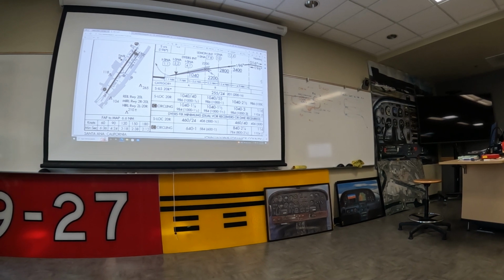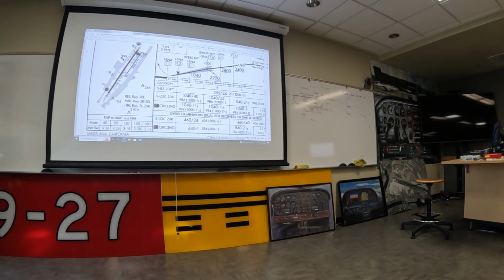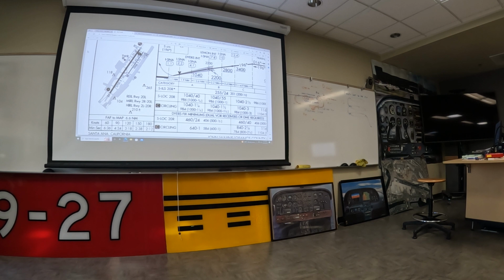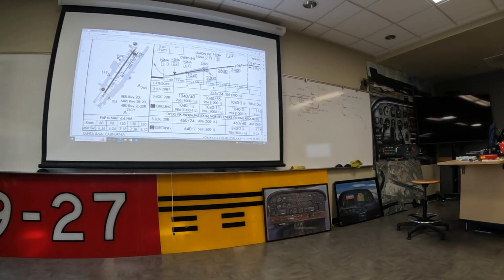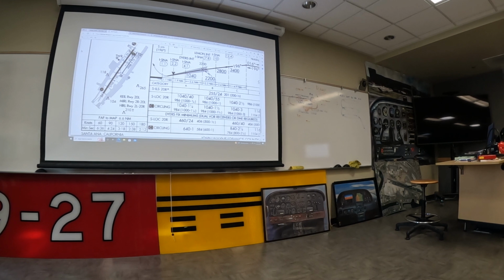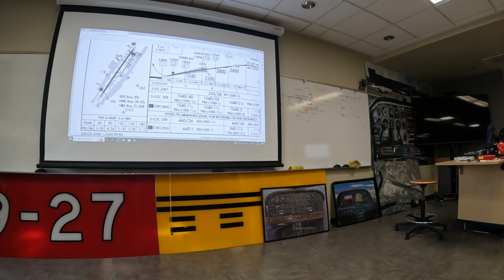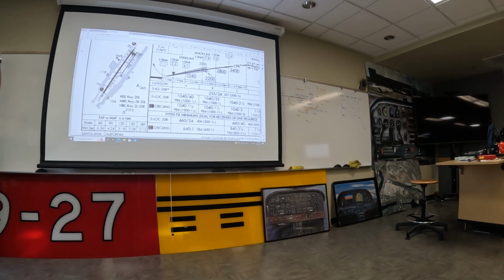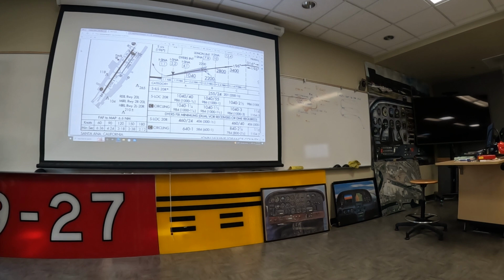Decision altitude is the missed approach point for the ILS on the glide slope. DA, decision altitude, is the missed approach point on the ILS when you're on the indication saying you're following the vertical guidance down.